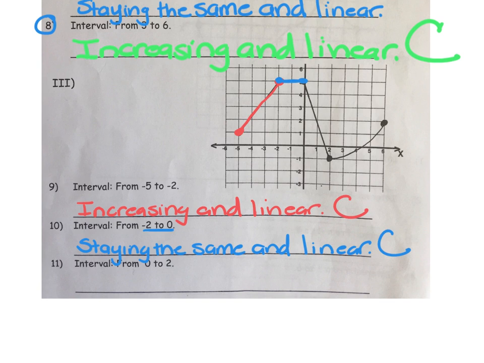And finally, for the last portion of the function, which is highlighted in green, from 0 to 2 on the x-axis, you should have stated that it is decreasing and linear. Give yourself a C if that one's correct. This concludes this page on piecewise functions.